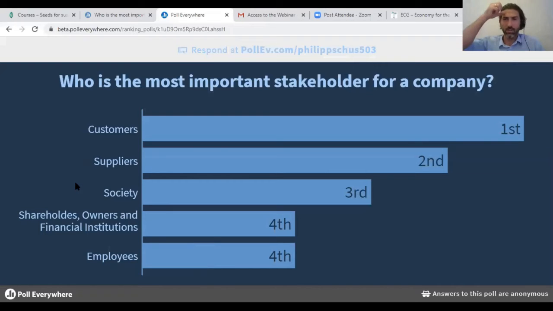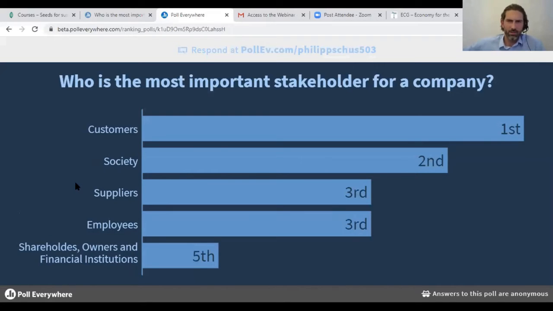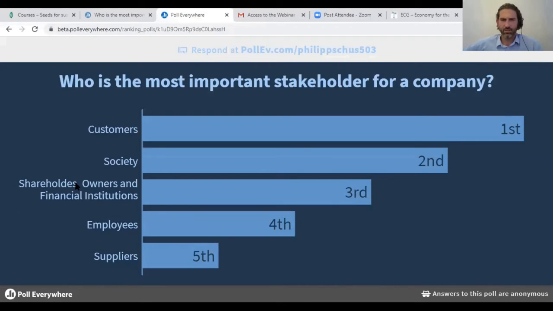So now we see one ranking. I don't know how many rankings were already submitted, but we keep it on for a moment and then we see how the poll is changing. We see it's still changing. People can still rank. So what you have to do is rank according to your own ranking, so you have a bit more than one answer, and according to that, you give your input to this poll.